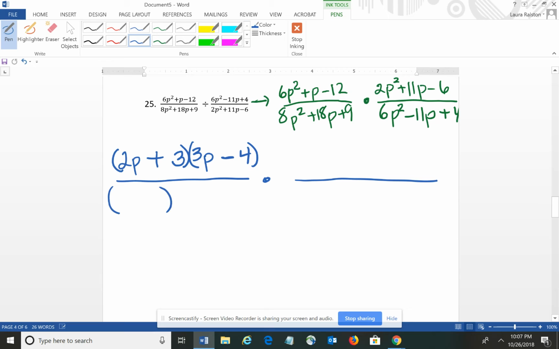In the denominator, let's try 4p and 2p, and to get 18, I could do 3 and 3, and they're both positive. Then in the second numerator, I would have 2p and p, and 6 and 1, so minus.